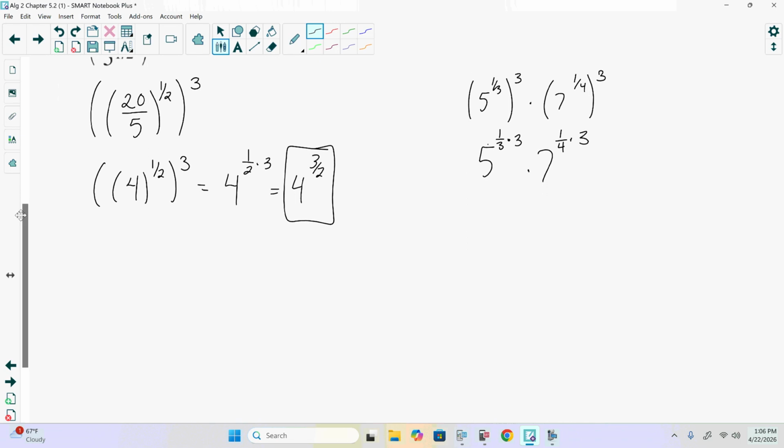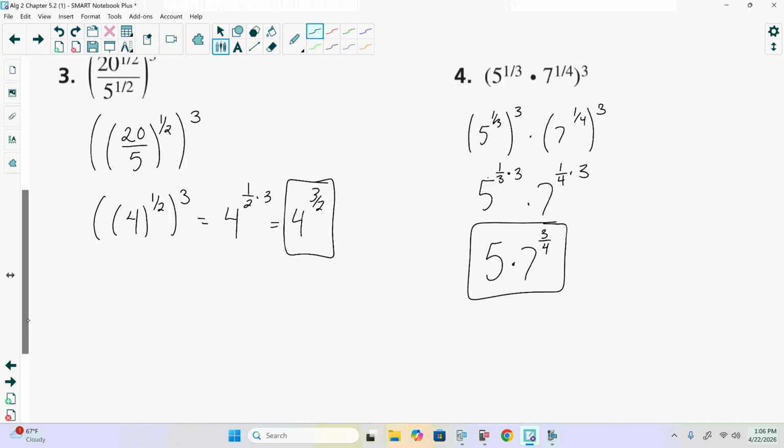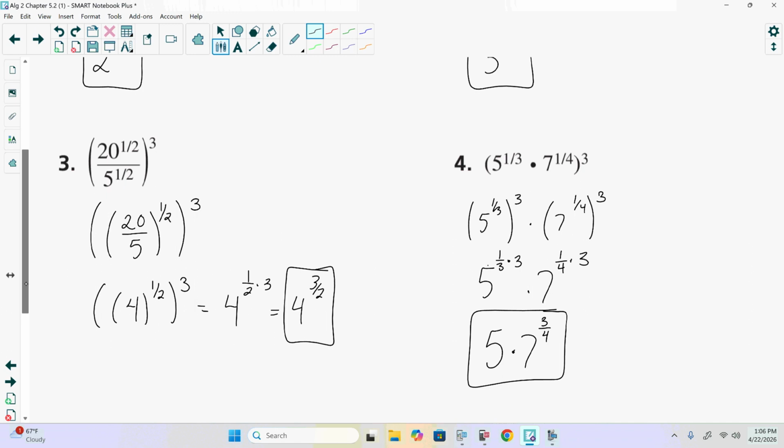Powers of powers multiply, so we're really just multiplying those exponents. 1/3 times 3 is going to be 1, leaving us with 5 to the 1st. 1/4 times 3 is 3/4, telling us that we have 5 times 7 to the 3/4. That's it. Questions on these here?